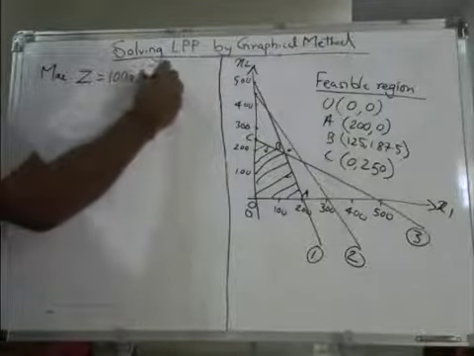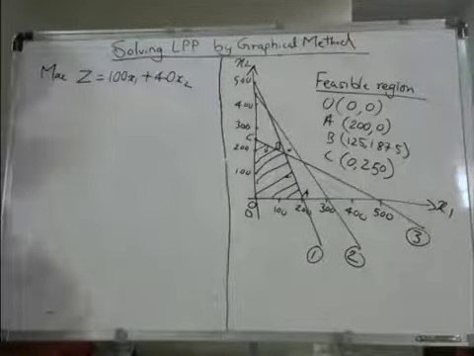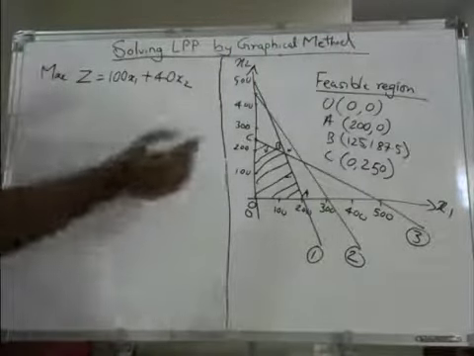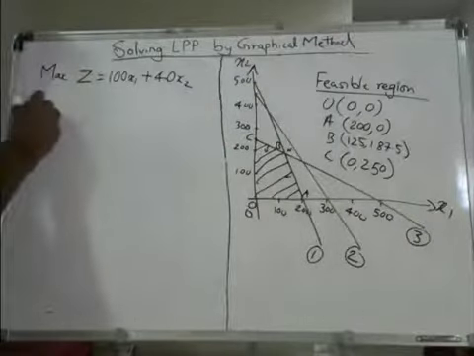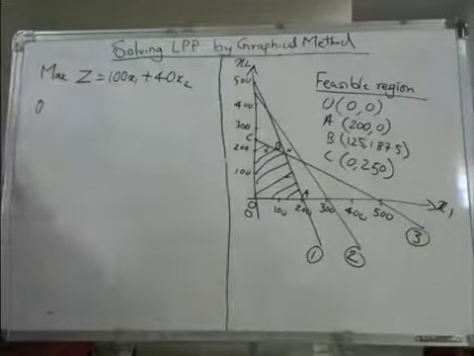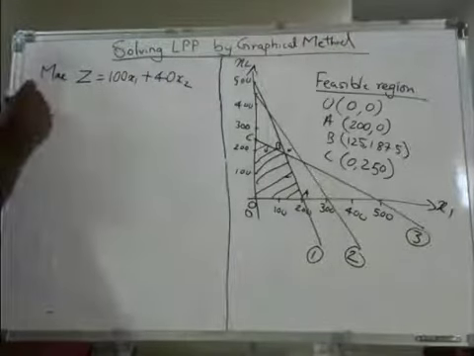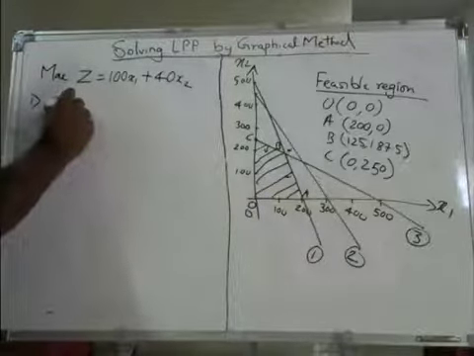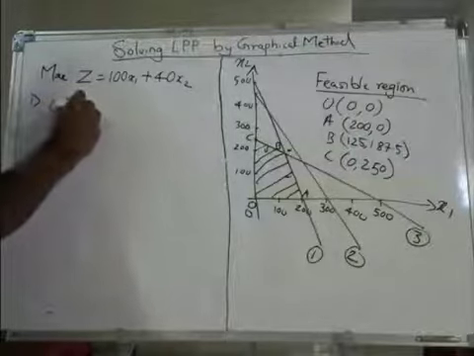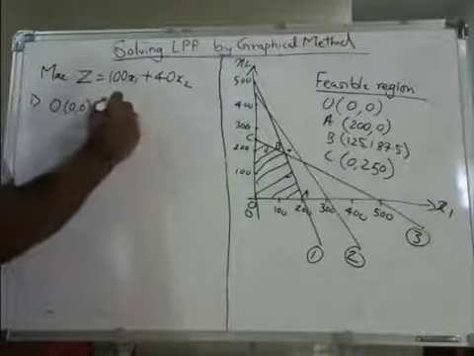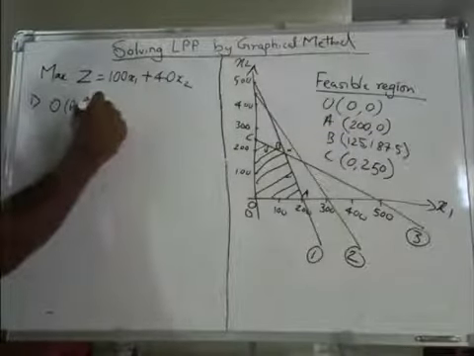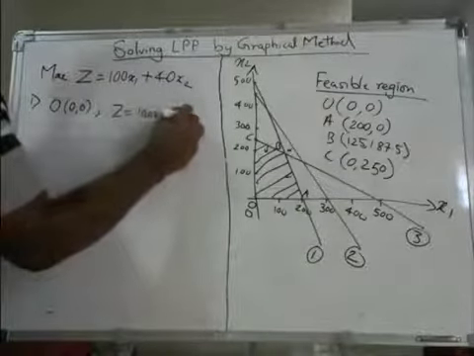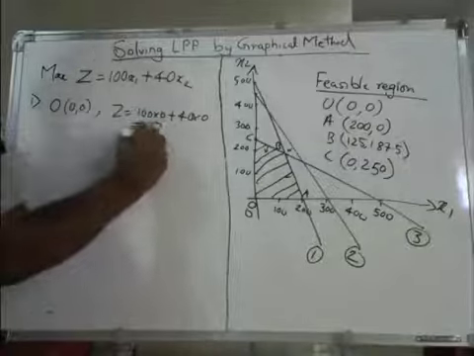100x1 plus 40x2. Now if you substitute for O, if you take the first one, that is O, which is 0, 0, if you substitute in Z, Z is equal to 100 into 0 plus 40 into 0 is 0.